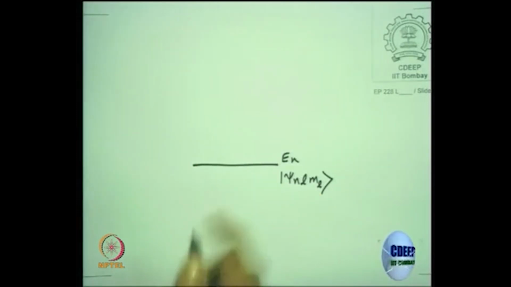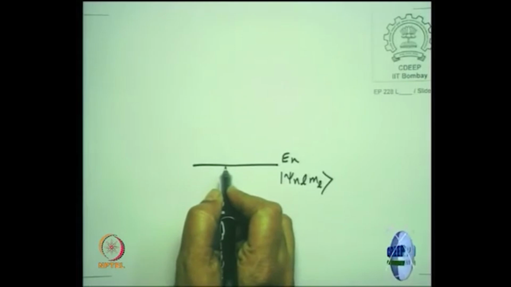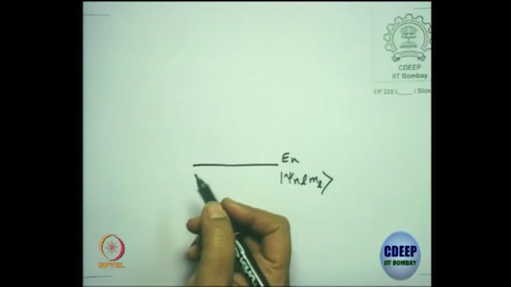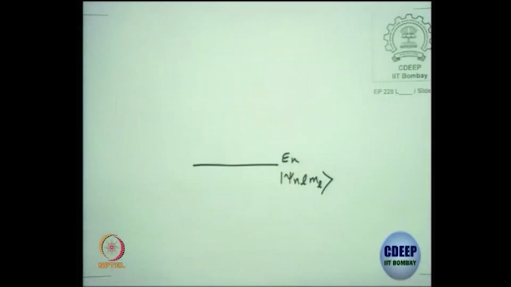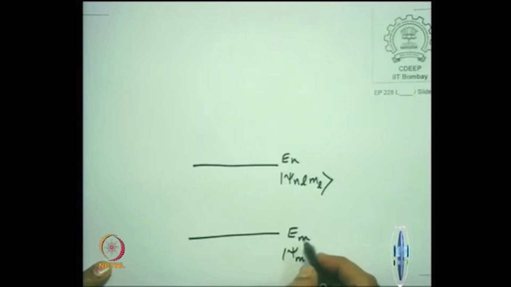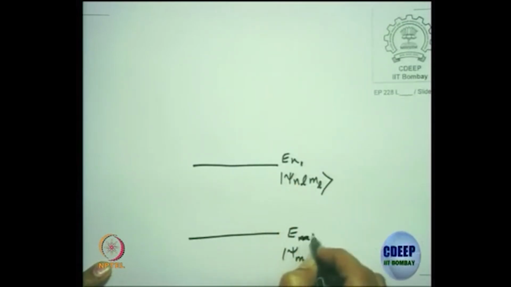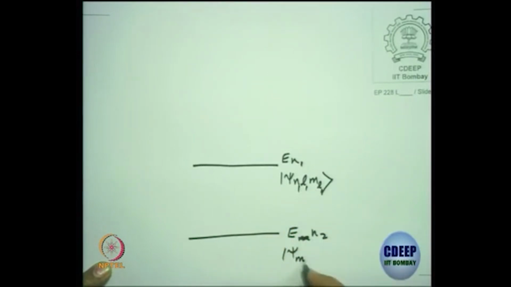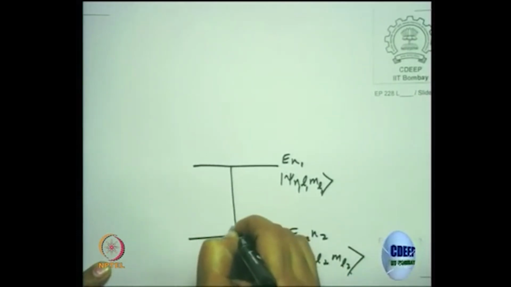The question is whether this atom can do a transition to any excited state, or from the excited state to a lower energy state. Suppose I take another lower energy state as Em with psi m, probably this is not a very good notation. Let me put En1, N1, L1, ML1, and En2, N2, L2, ML2. Can this undergo a transition is the question.